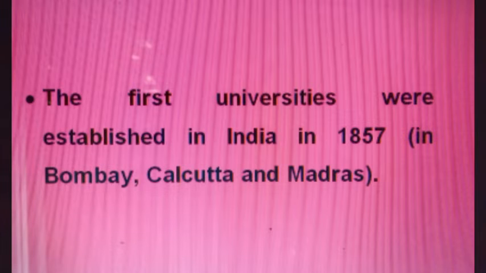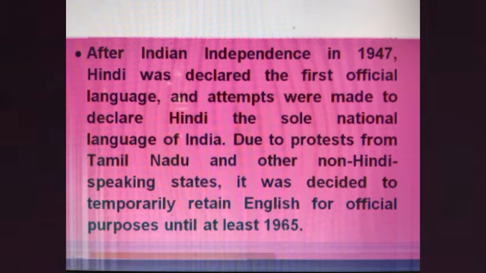After Indian independence in 1947, Hindi was declared the first official language, and attempts were made to declare Hindi the sole national language of India. Due to protests from Tamil Nadu and other non-Hindi speaking states, it was decided to temporarily retain English for official purposes until at least 1965.